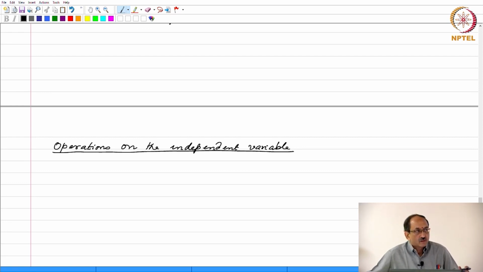That is, it consists of both time shifting as well as time scaling. So y of t = x of at + b. So this is what is called the affine transform of the independent variable, where you not only scale but you also shift.